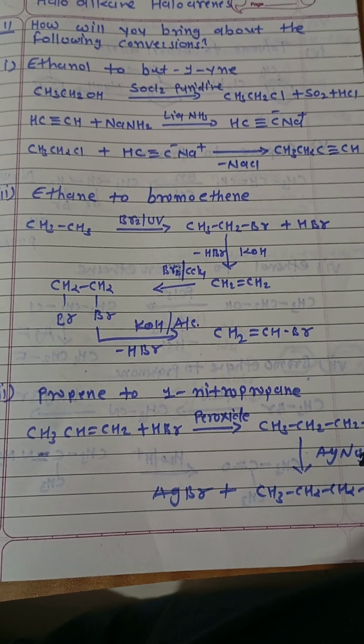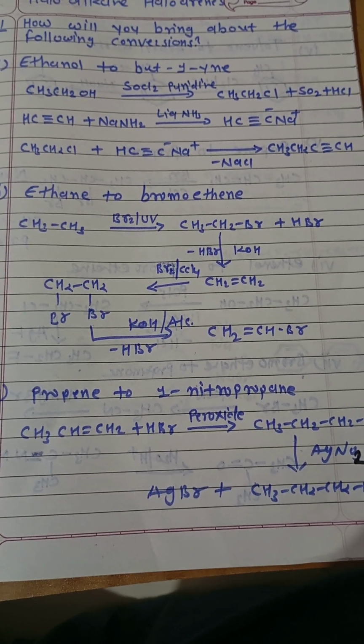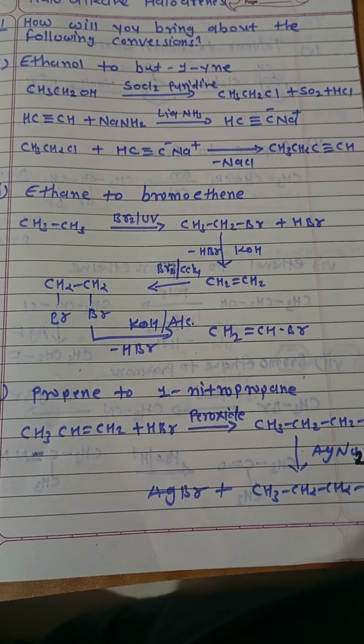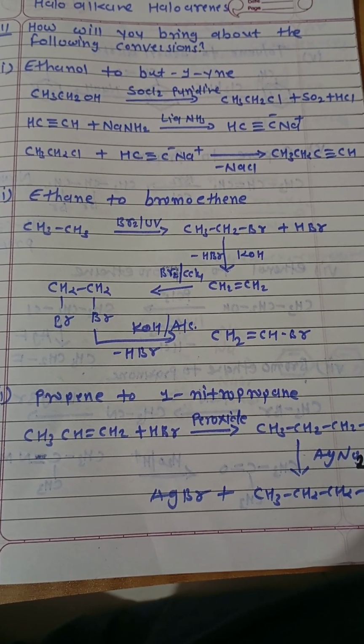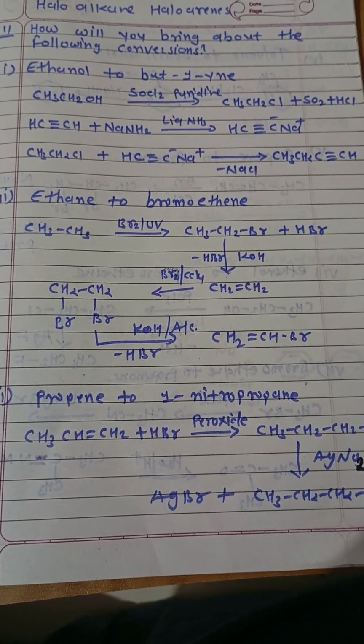Ethanol reacts with thionyl chloride in the presence of pyridine to make chloroethane first, by removing sulfur dioxide and hydrochloric acid. Then in the second stage we require sodium acetylide.